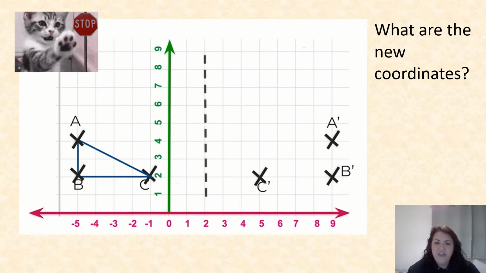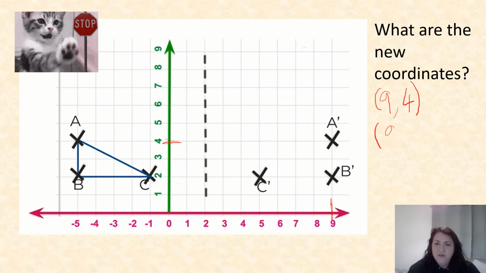Right, let's have a look together. So A dash, we've come out 9, and we've gone past the mirror line to here, 4. So X first is 9, everything's positive because it's in the first quadrant, 9, 4. B dash, still 9, and we've come up 2.